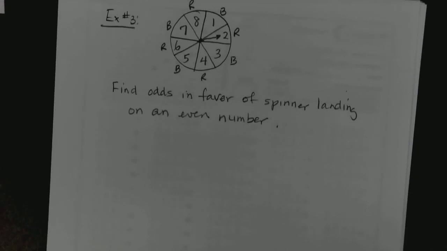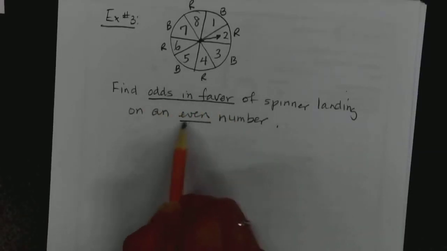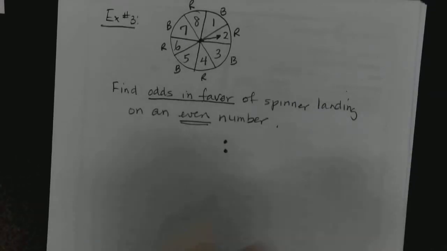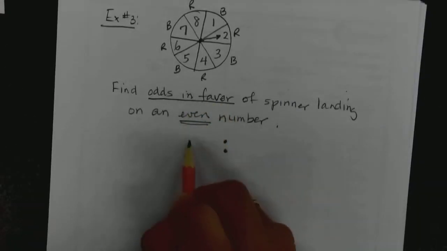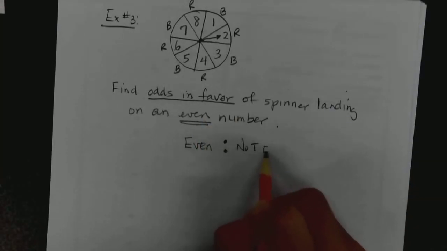So 4 over 8. Odds in favor of even. Odds in favor of even is 4 to 4, because it's odds in favor of even, it's even, and what's not even? Odd.